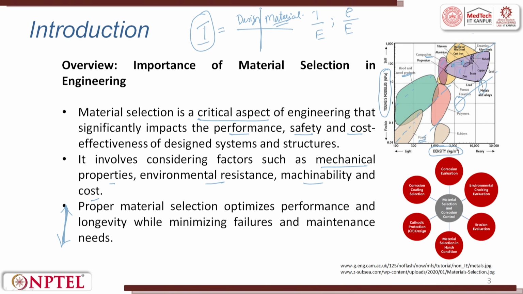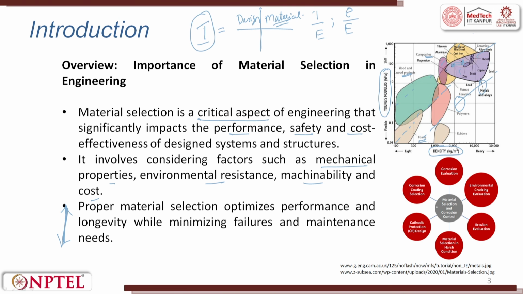For example, if you are staying along the beach and if you have a car, the choice of material selection for your silencer and car body is very important as compared to that of inland locations. Why? Because you have a lot of corrosion happening along the beach. Even the reinforcement which is given for buildings, the steel will be coated with polymer, or they will try to protect it from the corrosive behavior.